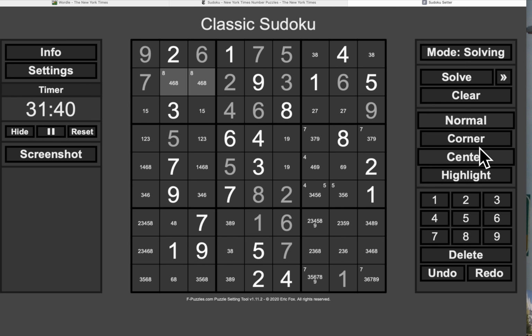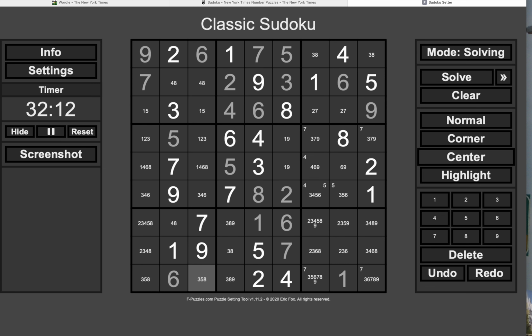Which says these are not 6. This is now 4 or 8. Okay. This 4, 8, and this 4, 8 form a pair in the column. This can't be 8. It must be 6. So, these aren't 6.